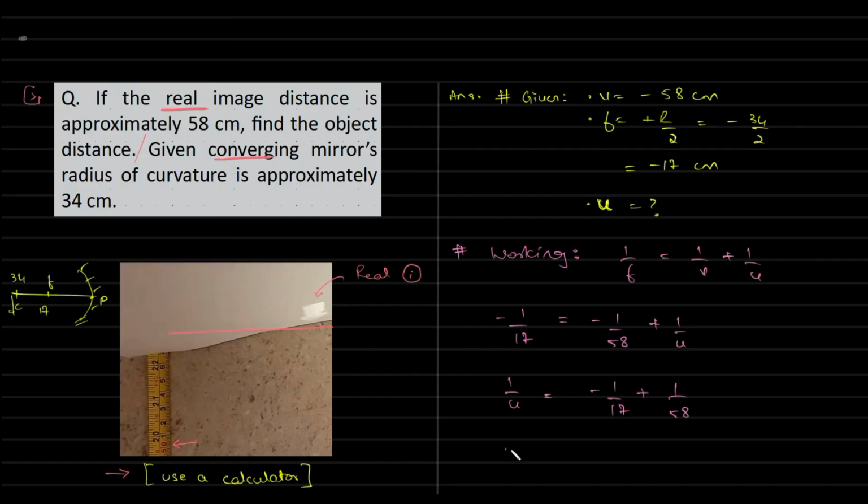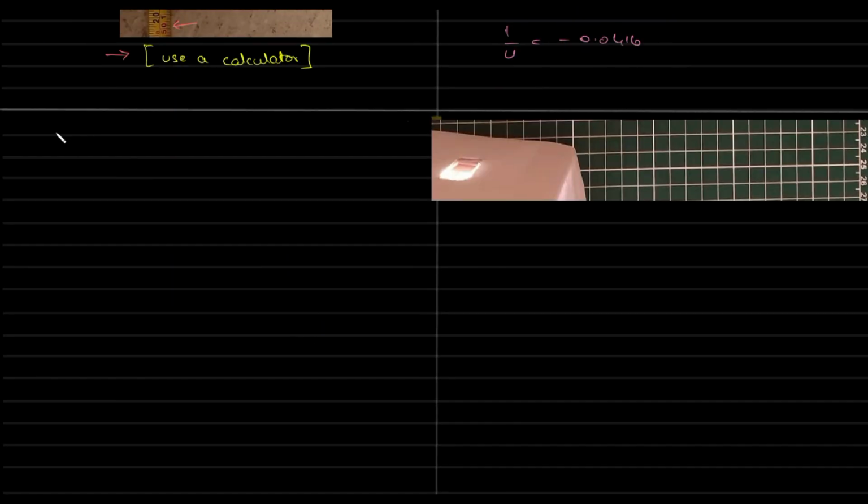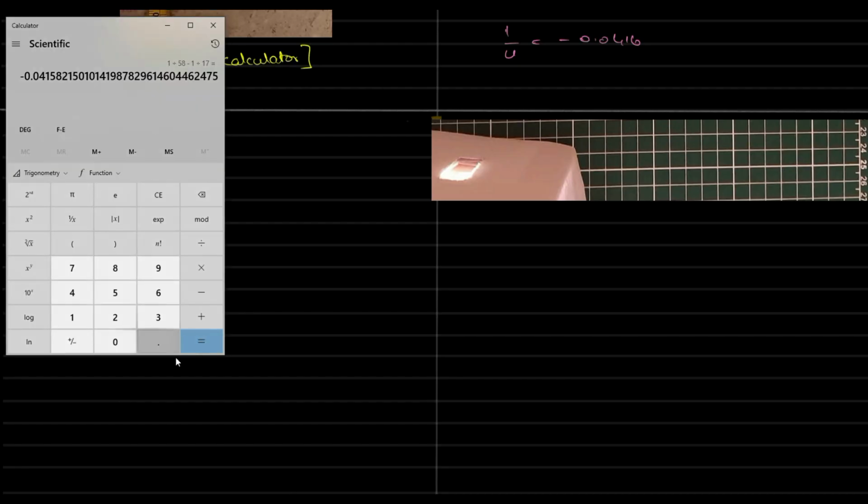So 1 by U is 0.0416, minus, by the way. Still, we are yet to find U, which is the inverse of this. 1 divided by 0.0416. 24, right?